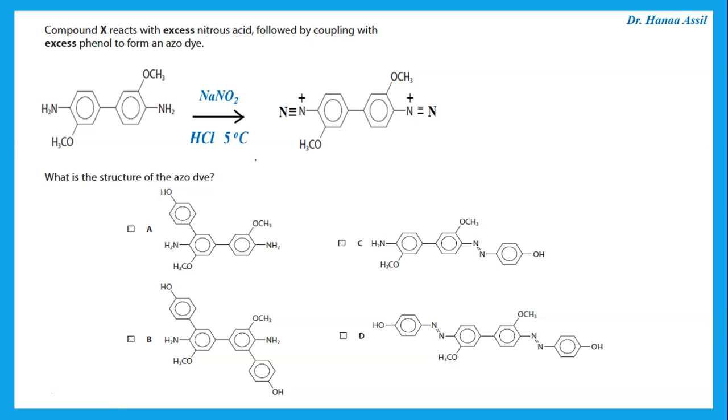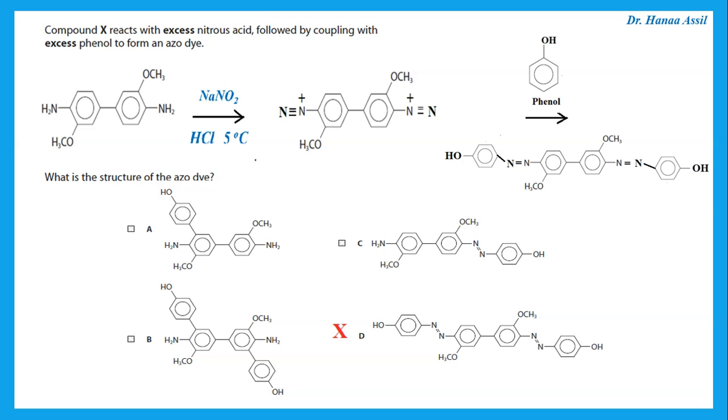We're using excess, and that means both amine groups on both ends of the molecule will change into a diazonium salt. And then we'll react it with phenol, and of course with phenol, you're adding the phenol part to each of the nitrogens. So which product do we have? You can see that that is the same as the product in D.